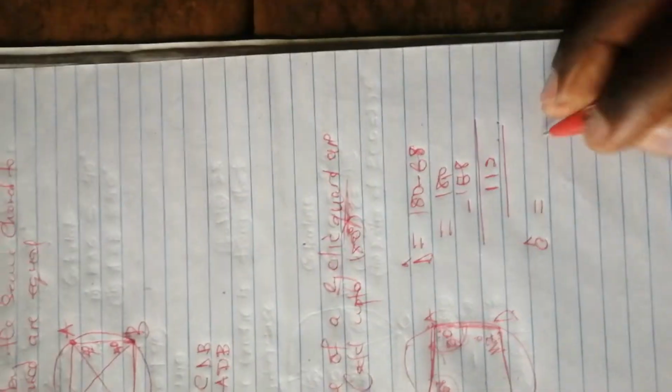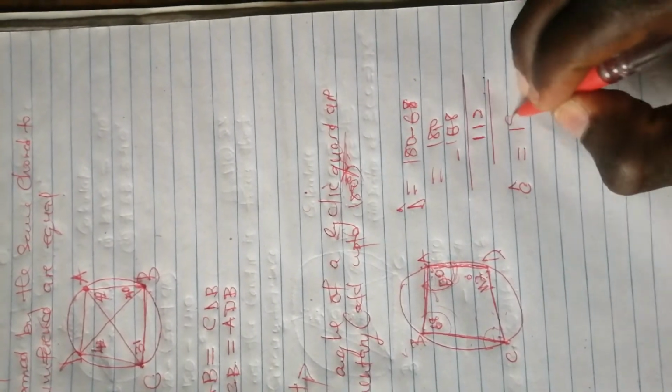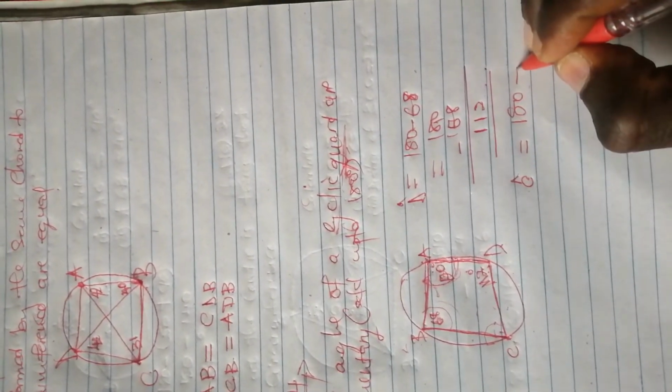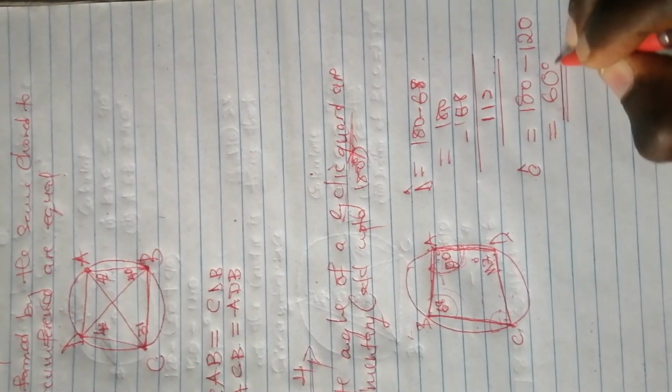And angle C, how do you find angle C? We say 180 minus 120, which is 60 degrees. That's all. This is theory number 4.